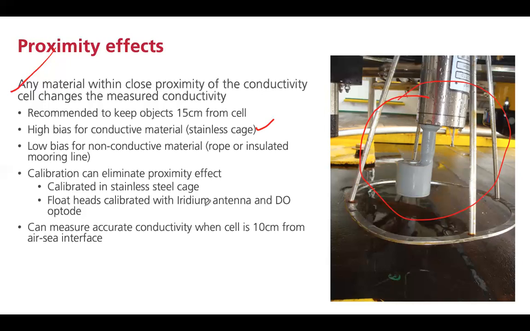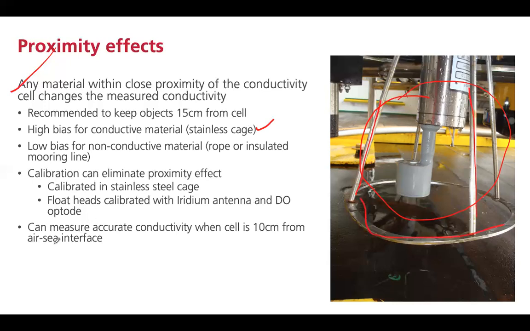So in this case, here's a CTD. This is an older generation of a deep cell we made, but there were no issues with the conductivity measurement here because this conductivity cell was calibrated with this protective frame in place, with these struts.